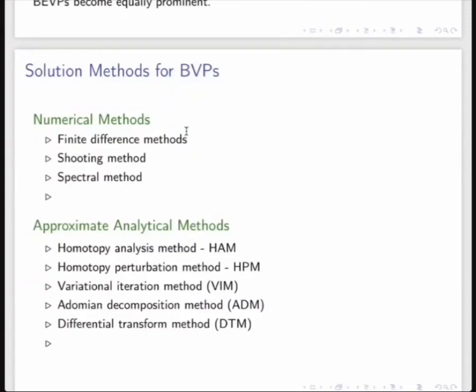Okay, so we'll just review what are the available methods for boundary value problems.